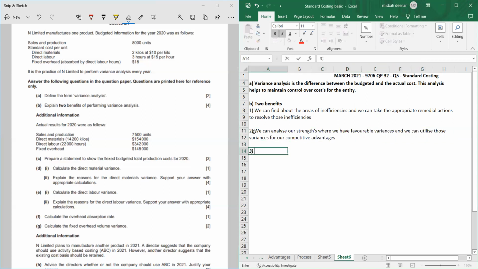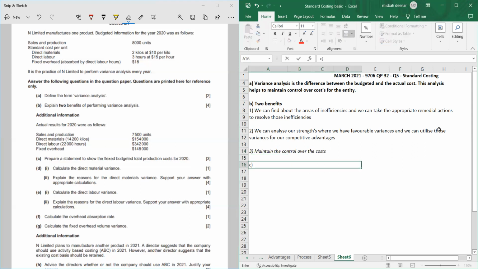Further, maintain the control over the costs as explained here. So I have written three benefits, you can write any two.